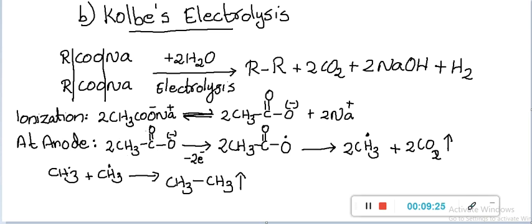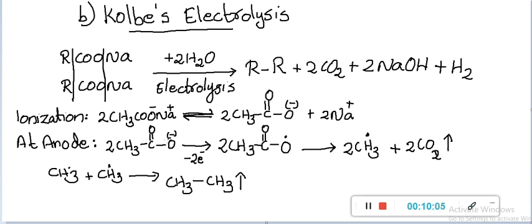Here 2 moles of CH3COO minus, the acetate anion, lose 2 electrons and are converted into 2 moles of acetate radical, CH3COO radical, or 1 mole of acetate ion eliminates one electron.